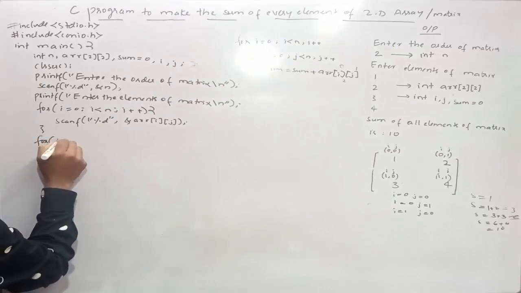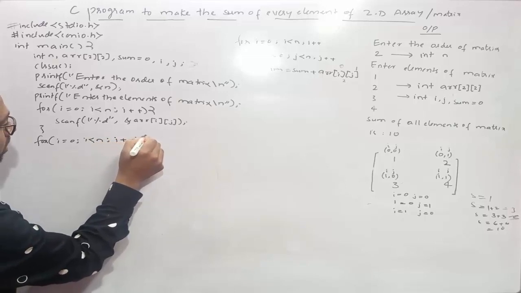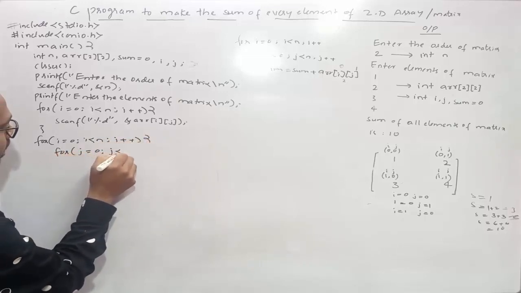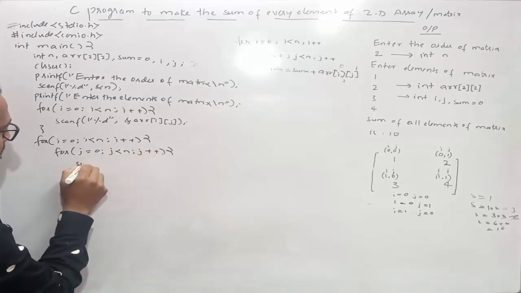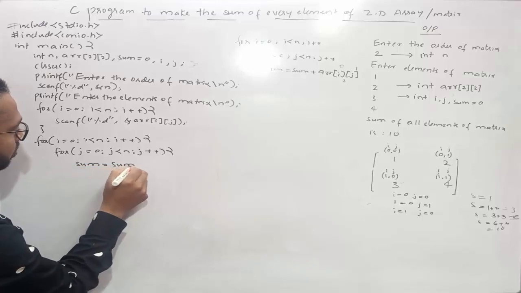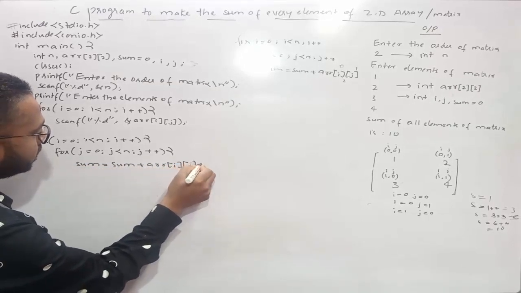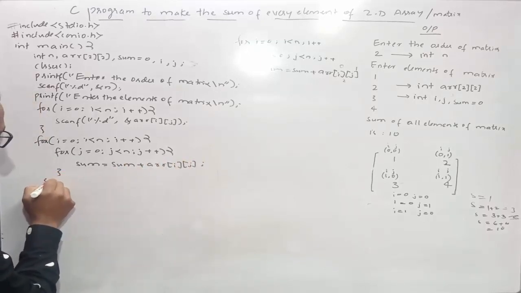Then I should write this logic. For i equals 0, i is less than n, i plus plus. Then for j equals 0, j is less than n, j plus plus. Sum is equal to sum plus array of i, j. Then this closed.